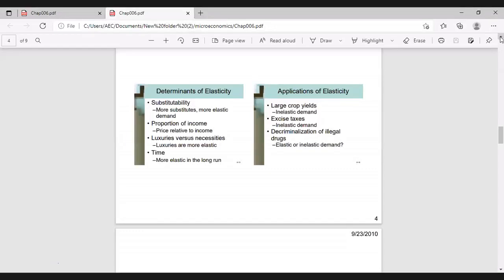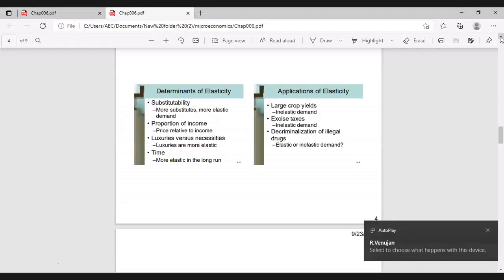Now petrol: there is no perfect substitute. There are substitutes now, like renewable energy, but not perfect substitutes.